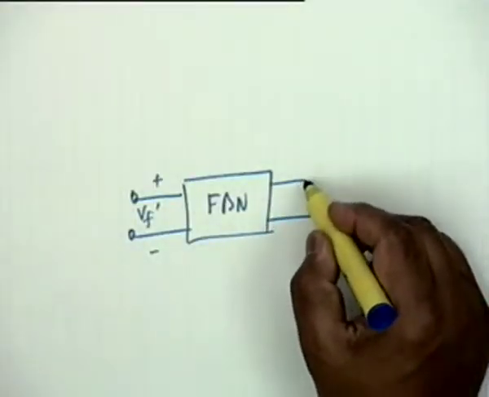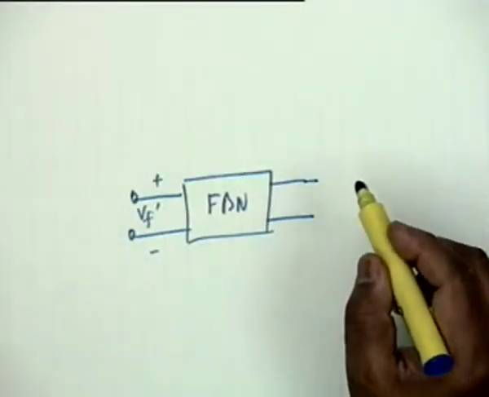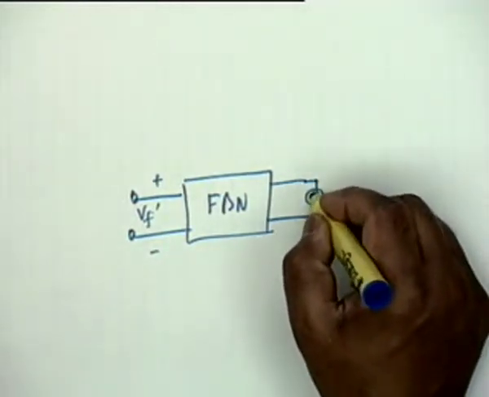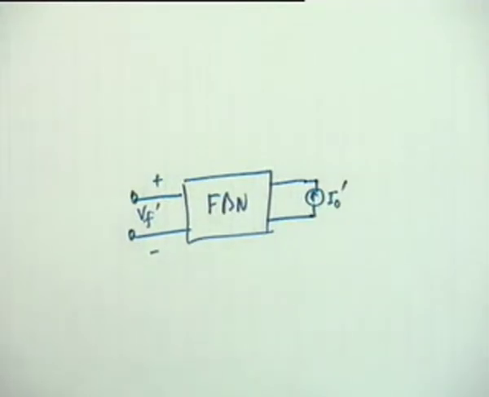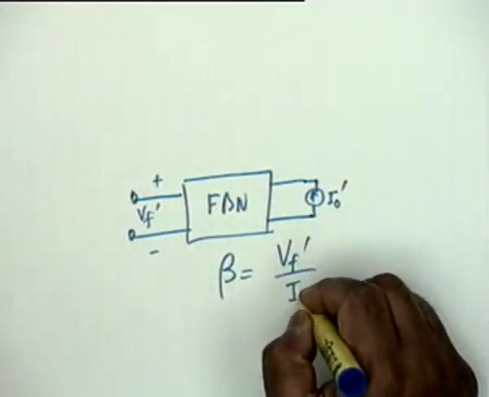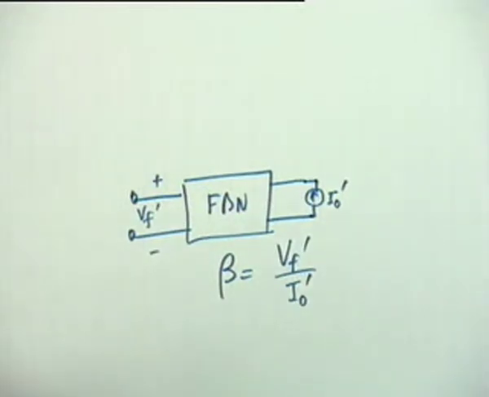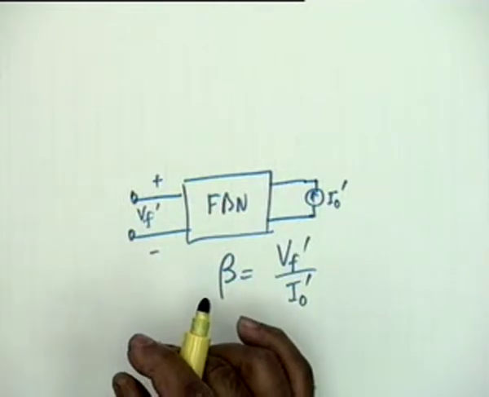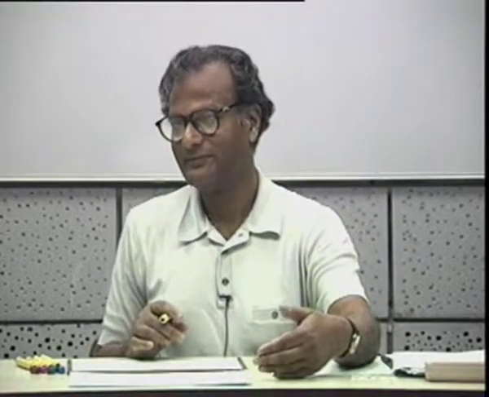And what do you feed here? You sample current, and therefore you feed here a current source, I0 prime, and beta obviously would be equal to Vf prime divided by I0 prime. All right. Once you have done this, then you find out Ri, R0, RIF, R0F, and AF.